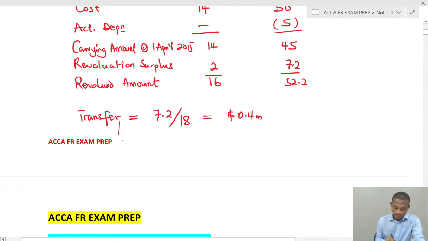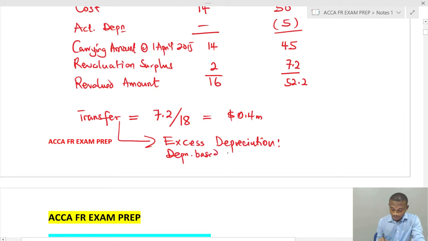Now another way to look at this transfer is to say we want excess depreciation. Now the excess depreciation is the depreciation based on revalued amount, and that would be the 52.2 divided by 18, and depreciation based on carrying amount, that would have been 45 over 18.